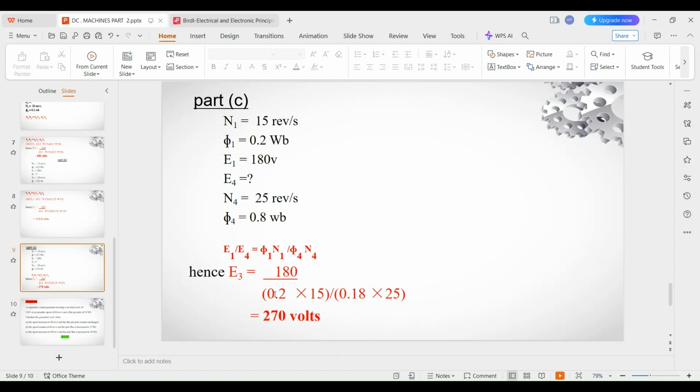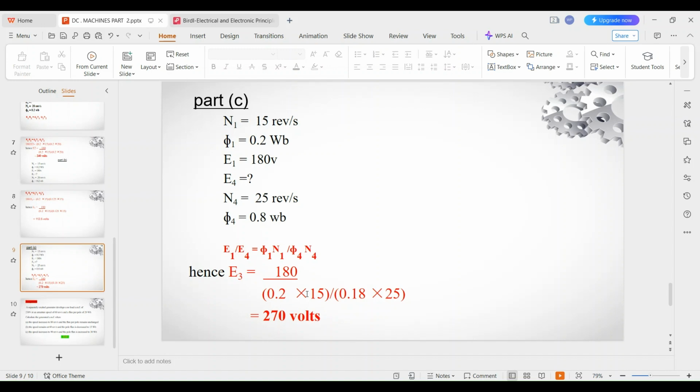I have said in the previous section that if you want to get it clearly here, you can key into a calculator: open brackets, say 0.2 times 15, close the bracket, put a division sign, open another bracket, say 0.18 times 25, close the bracket.